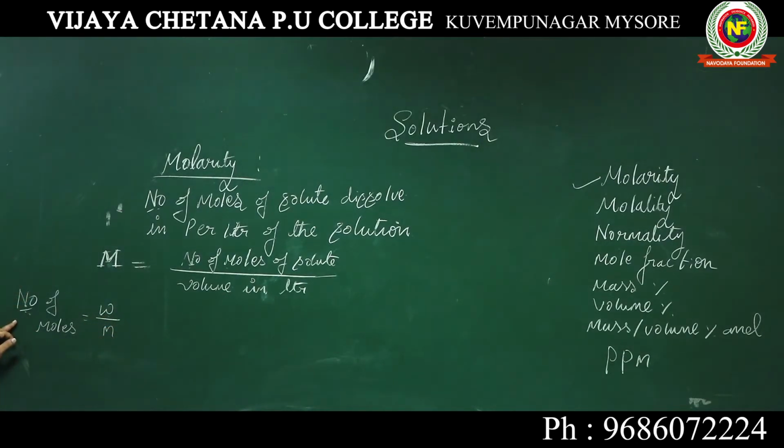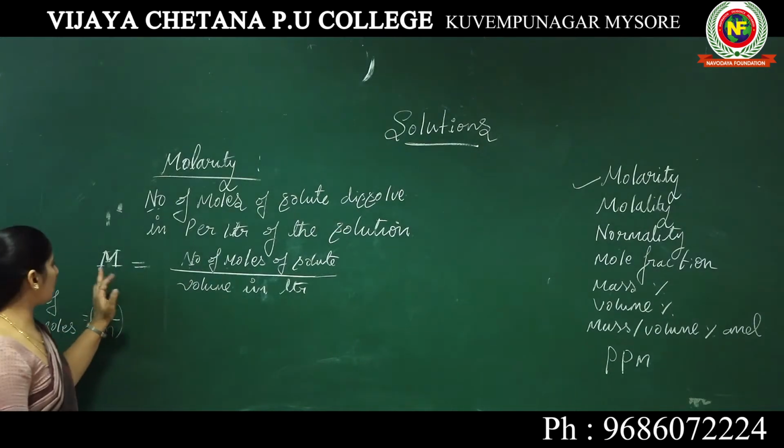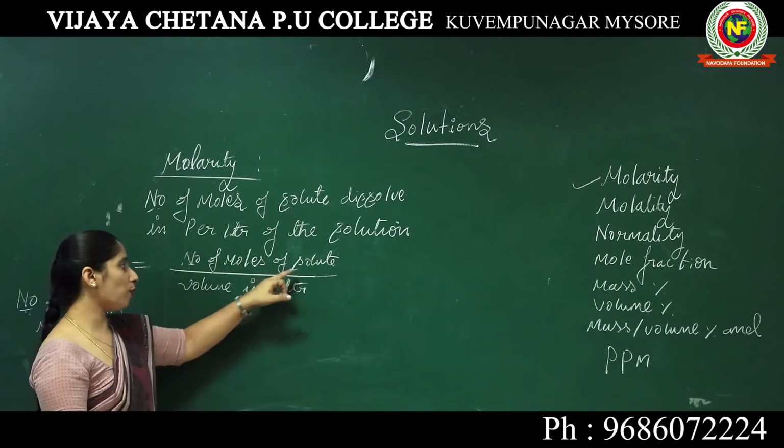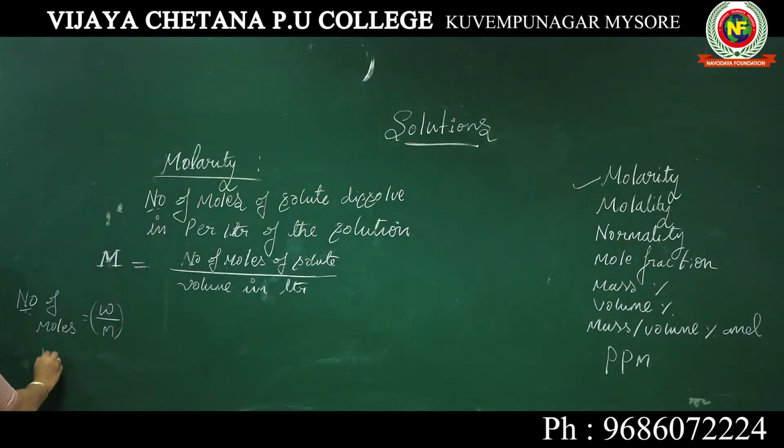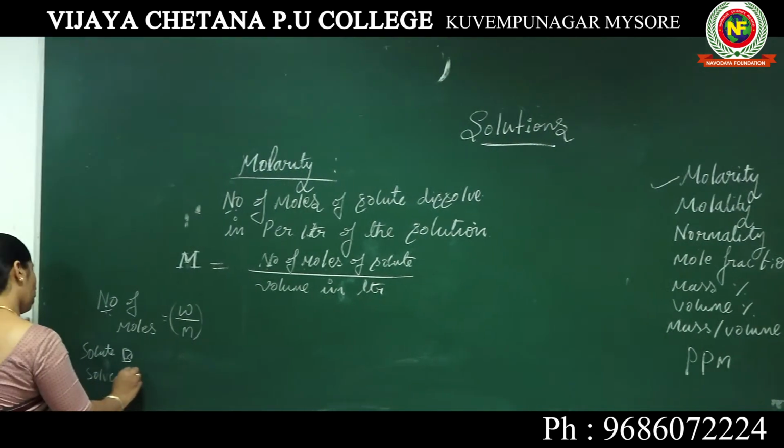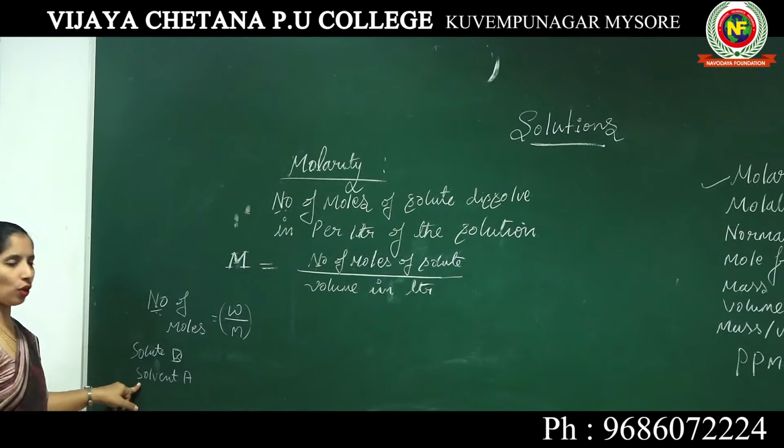We know how to calculate the number of moles: given weight by molecular mass. So now we apply this. The molarity is nothing but the number of moles of solute. So here I am taking the solute as B and the solvent as A. Solute as B and solvent as A.